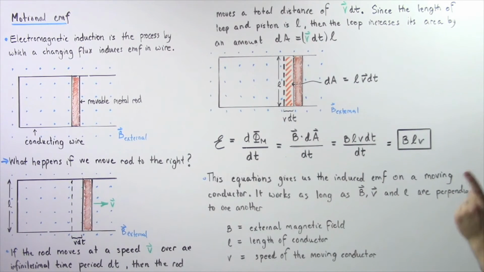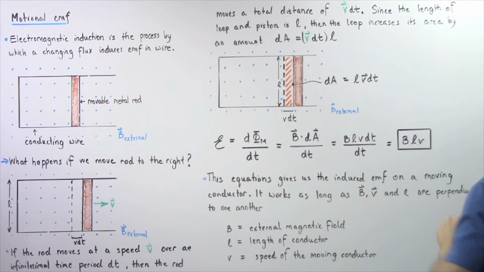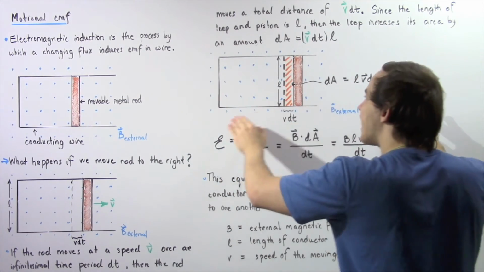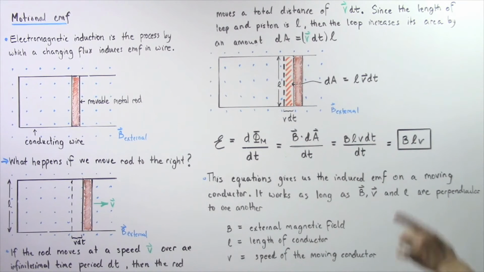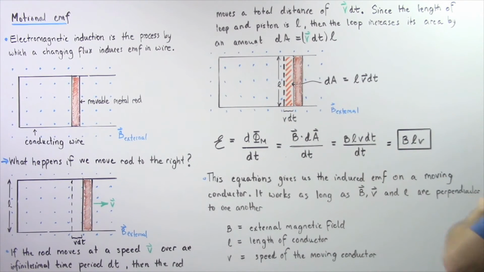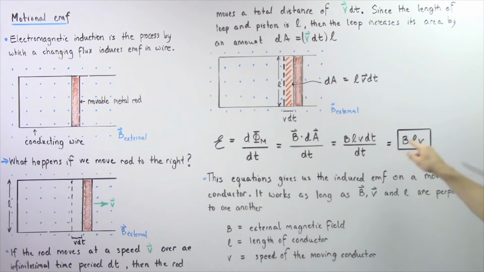And notice dt appears on the top and the bottom, so we can cancel those out, and we see that our induced EMF that is created inside our loop of conducting wire as a result of our moving conductor is equal to the product of the magnetic field B, the length of our movable metal section given by L, multiplied by v, the speed of our movable conducting section.